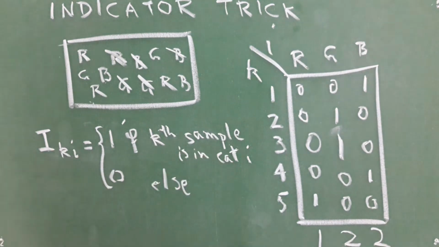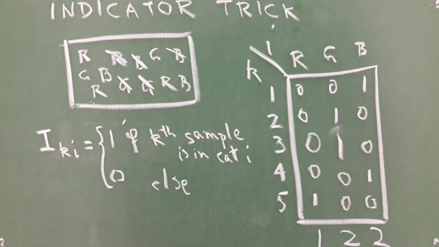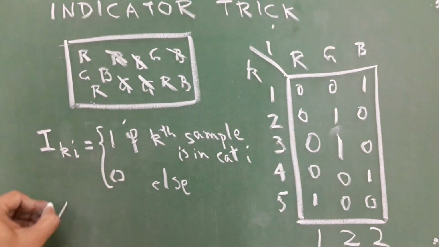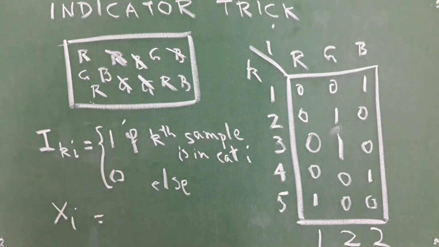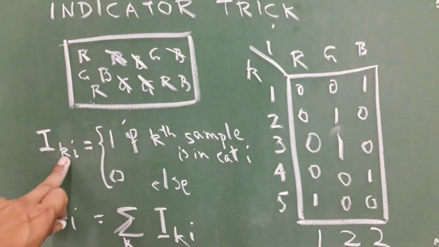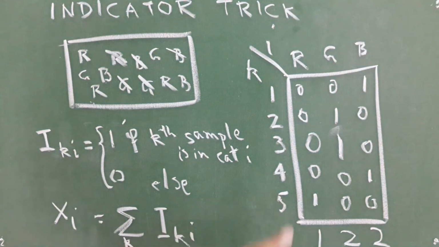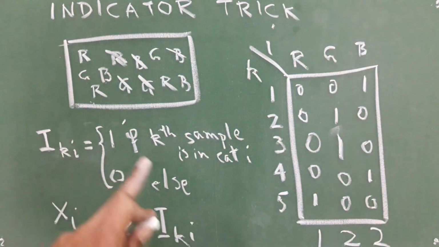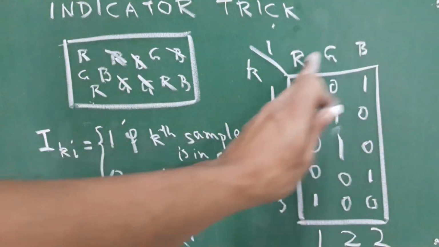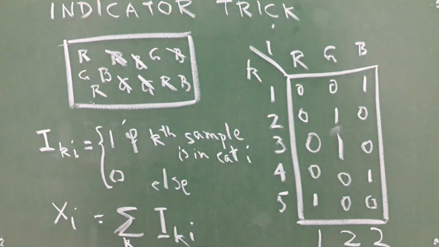So these are what are called indicator variables because they take only values 0 and 1. We also know that xi may be expressed as sum of these indicators. Just understand that whenever I am using the letter k, it goes from 1 to n, 5 in this case. The subscript i always goes from 1 to p, the number of categories.